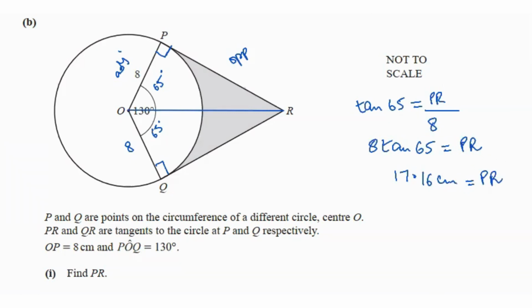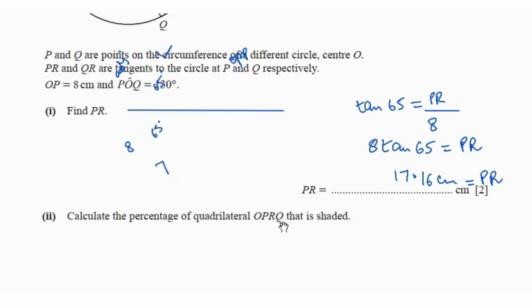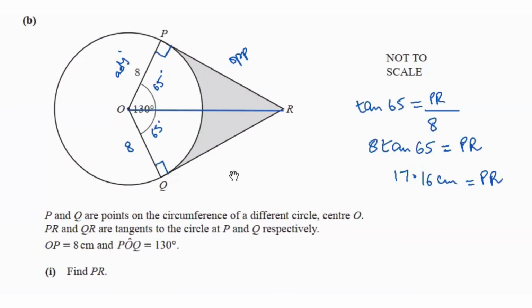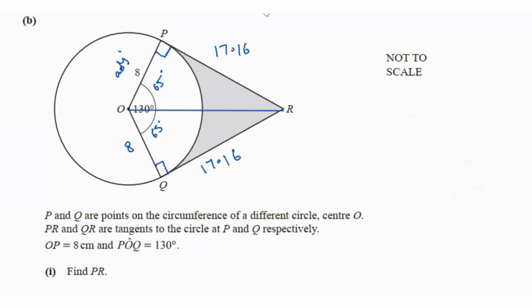Then the next part, it's asking us, calculate the percentage of quadrilateral OPRQ that is shaded. So for that, let me just write this first. This is 17.16 now, which means this would also be 17.16 because it's symmetrical. So for the percentage of the area that is shaded, let's start with area 1, which is going to be of this sector.